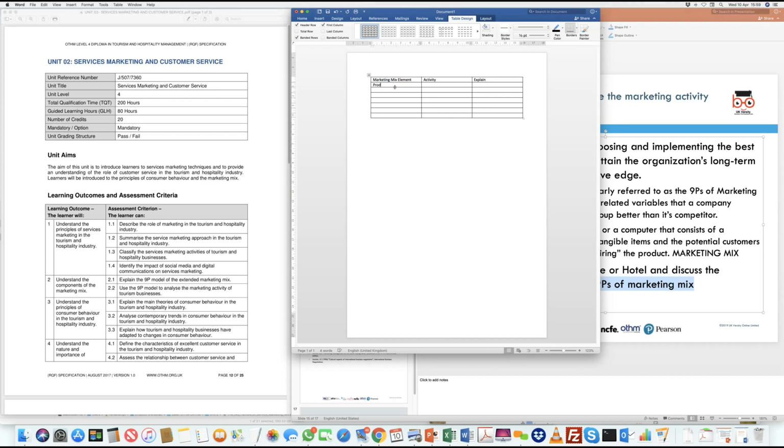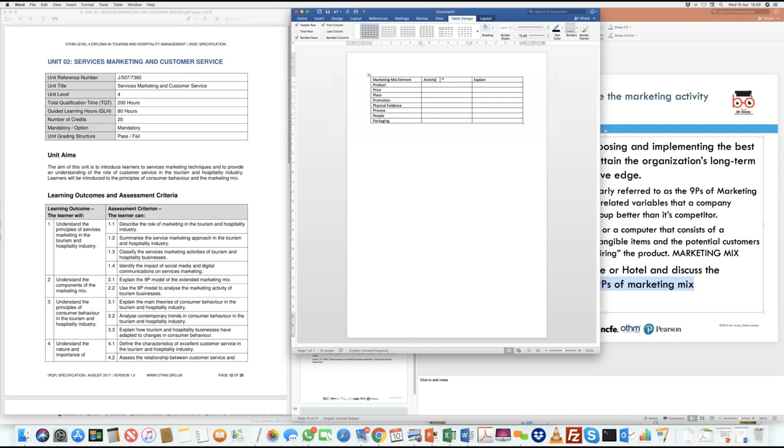So here, for example, if I put product, you put the 9 Ps, you put price, place, and promotion, you put physical evidence, process, people, and then packaging.